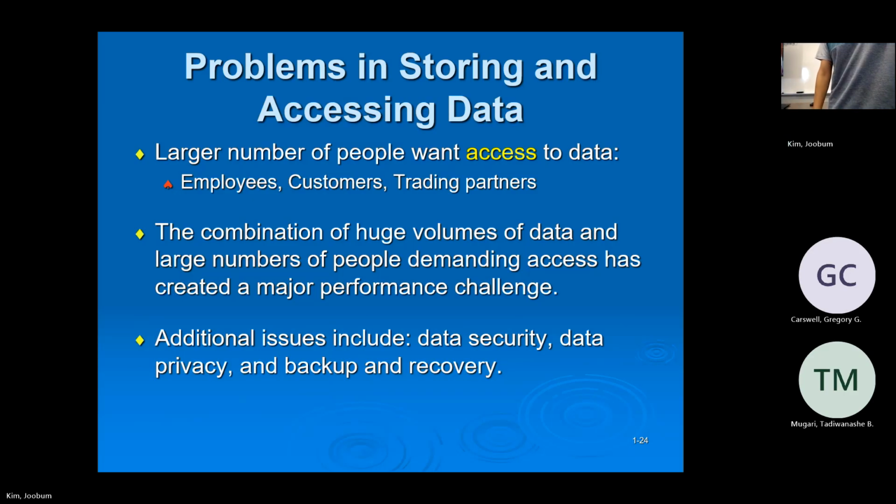But if the number of customers is 100, 1,000, even 1 million trying to reach the system or server at the same time, what happens? That server, that computer cannot accommodate that number of attempts.